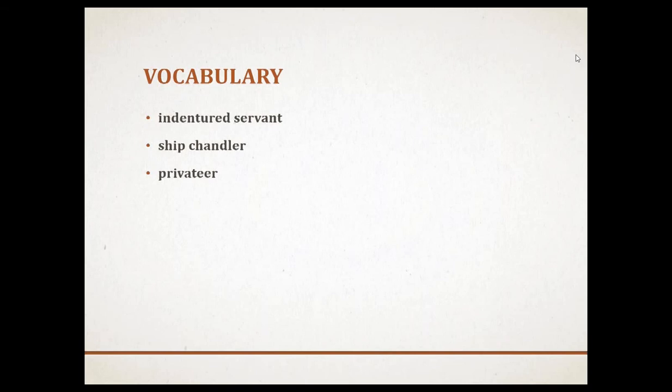So they would get all their supplies and equipment, right? This is before Walmart and Costco and Amazon online, right? So this kind of business was really important from a social perspective, a political perspective, and for the ships to be able to really get up and running near the ports. Good job.